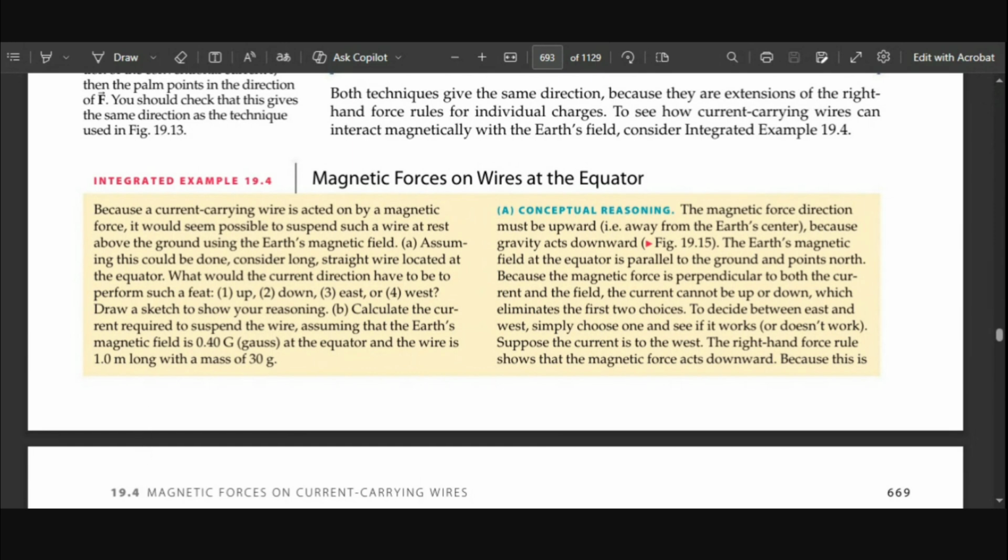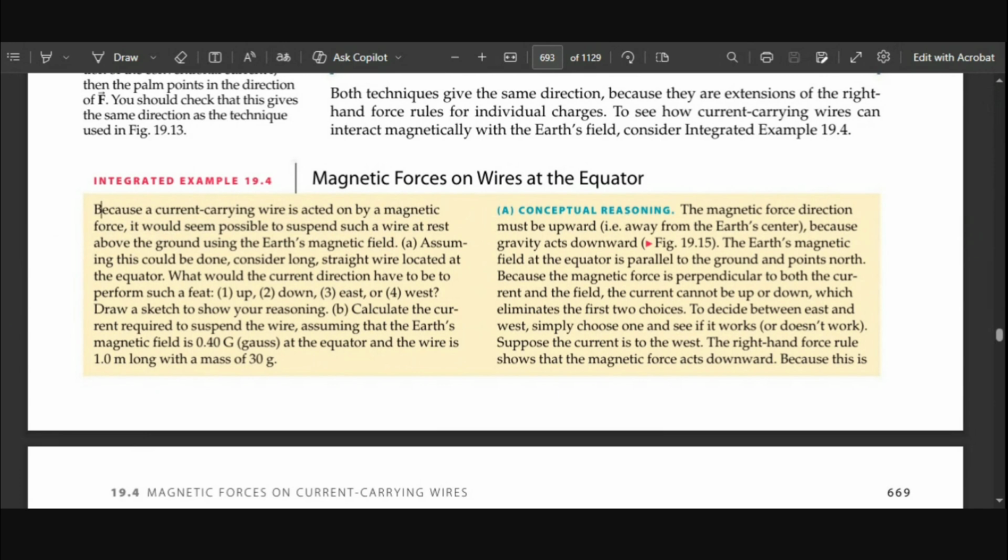The question asks us to find the magnetic force direction. It says, because a current carrying wire is acted on by a large magnetic force, it would seem possible to suspend such a wire at rest above the ground using Earth's magnetic field. So the question claims that it is possible to suspend a wire using Earth's magnetic field at the equator above the surface of the ground.